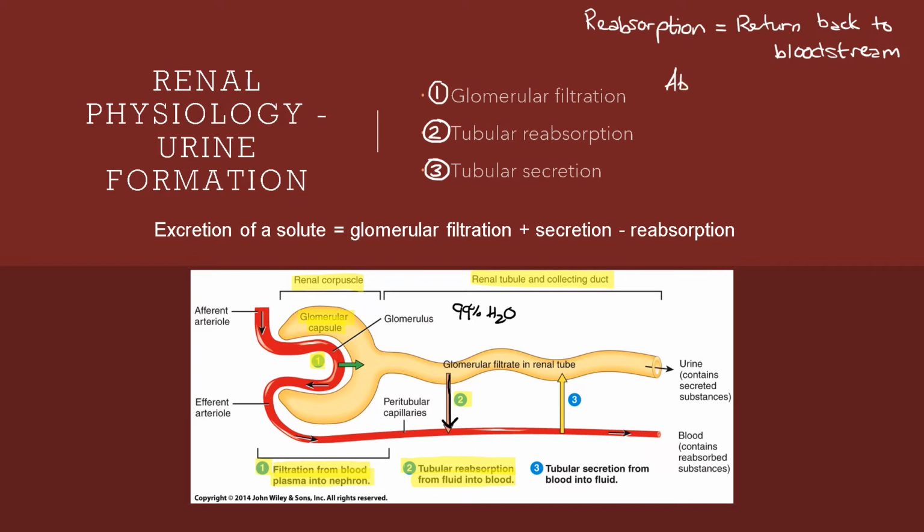The term absorption is a contrasting term where it means the entry of new substances into the body, like we see in the gastrointestinal tract. So this is going to be entry of new substances.